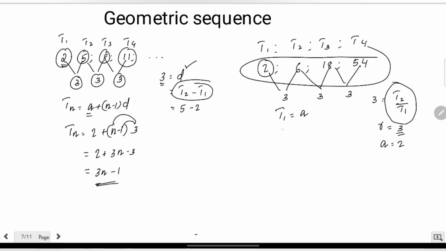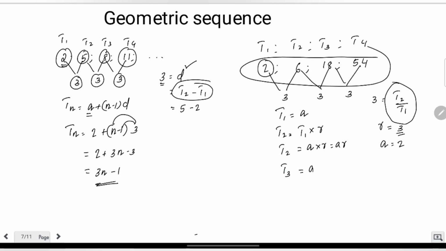T1 is equal to a. Then how do you get to T2? First term multiplied by the common ratio. Isn't it like 2 times 3? So what is the first term? a, multiplied by r. So it's going to be ar. That is our T2. Then T3, how do you get?